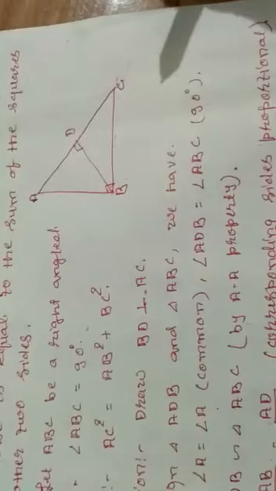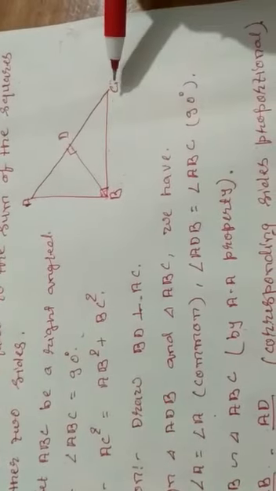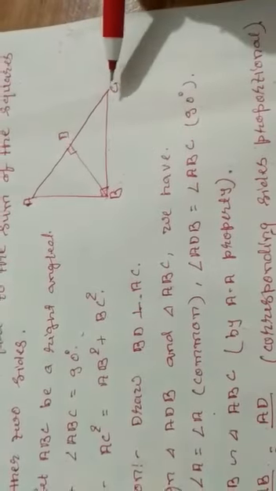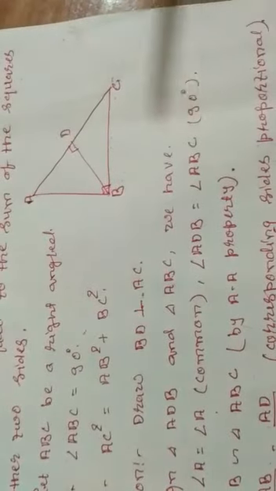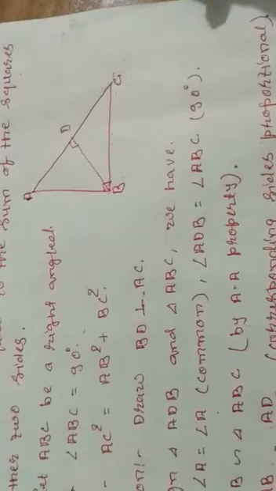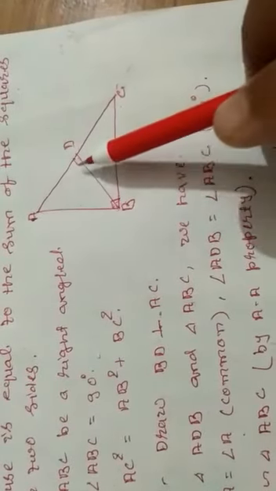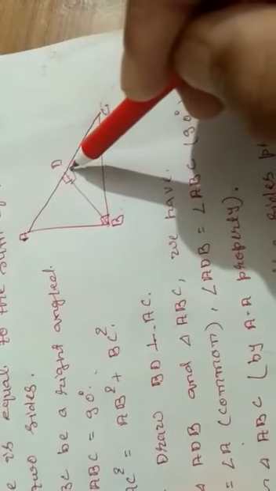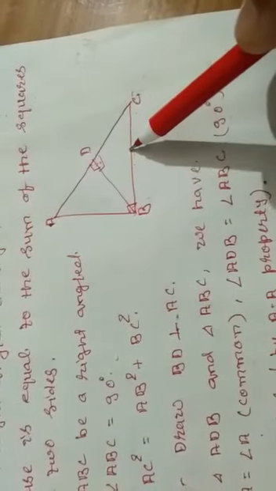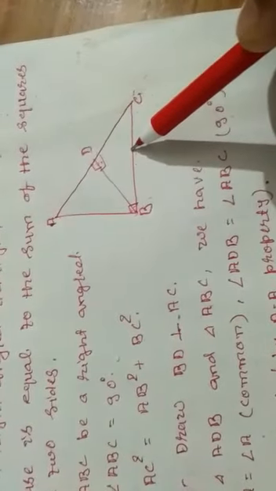Now let's see in the figure. Now we have proved it: triangle CDB is similar to triangle CBA. So their corresponding sides must be proportional. So we can write, look, BC is the hypotenuse of triangle CDB, because it is the side opposite the 90 degree angle. So BC is the hypotenuse for this smaller triangle CDB.